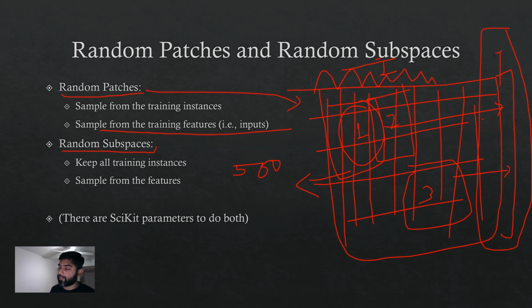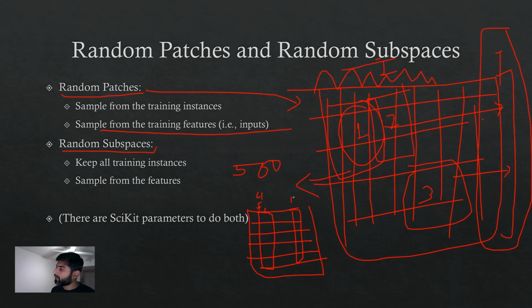The other concept of sampling the data from the data set is called random subspaces. Here, the idea is you have the full data set, but you always use all the rows and you randomly select the features. When I say features, I literally mean the columns. You can have feature 1 or column 1, you can have feature 10 or column 10, and you randomly make a selection based on random columns to make the prediction of the target variable.